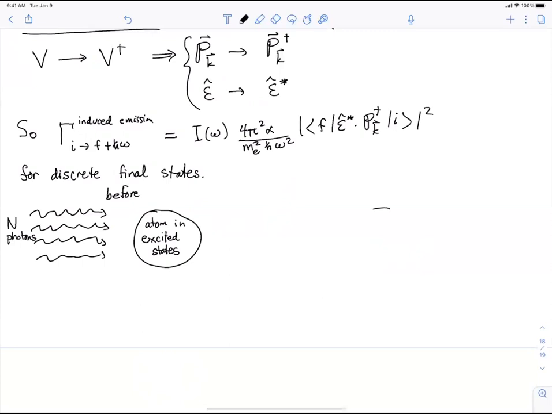And then the after picture is I have my atom in a lower state. Okay, but now I've emitted an extra photon, and so I've got n plus 1 photons coming out of here.